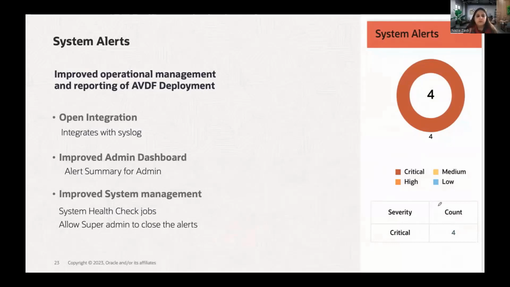So for example, passwords going to expire, storage going to fill, or we are reaching some threshold, etc. Those kinds of system alerts, right now with RU9 we have started with something like 15 to 20 categories for system alerts, and the health check jobs for this particular dashboard, and we plan to add more and more.